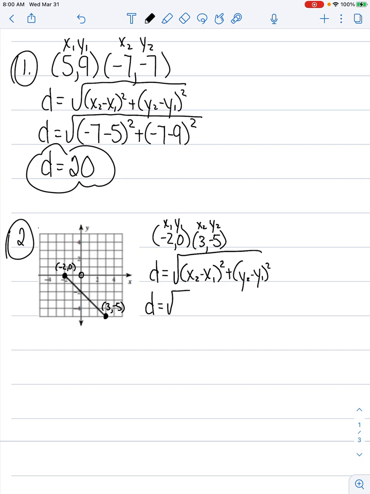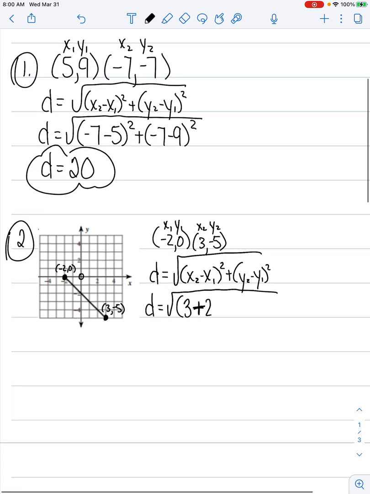Now I'm going to plug in those values. So my second x is 3 minus my first x, which is -2. So 3 minus the -2, I can leave it like this, but since I know that 2 negatives make a positive, I'm going to go ahead and do that. Plus, second y is -5 minus my first y, which is 0, squared.